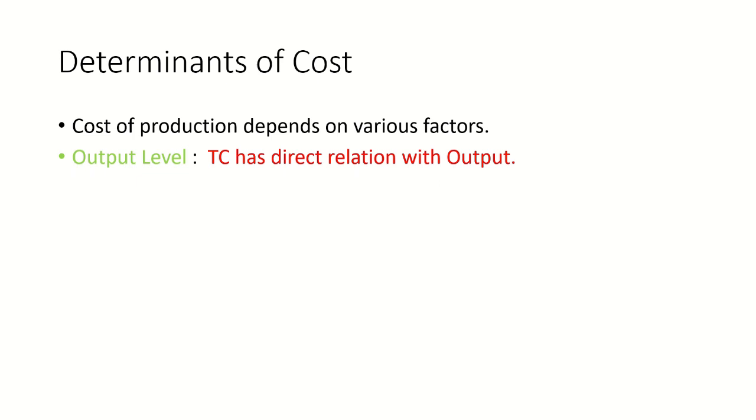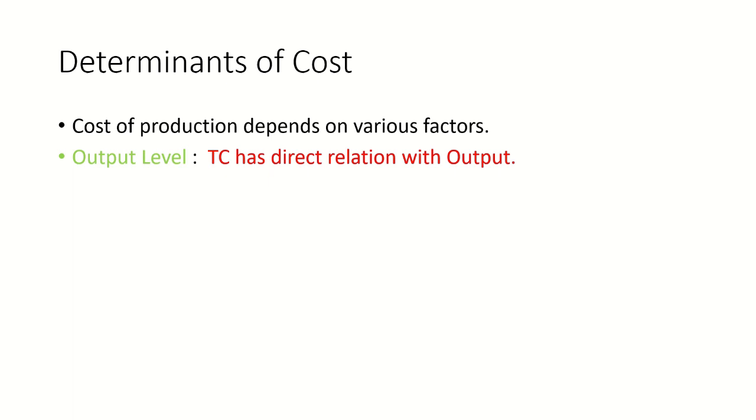The total cost has a direct relationship with the output. Direct relationship means if the output increases, the total cost will also increase. If the output decreases, the total cost will also decrease. So there is a direct relationship between the output level and the cost.